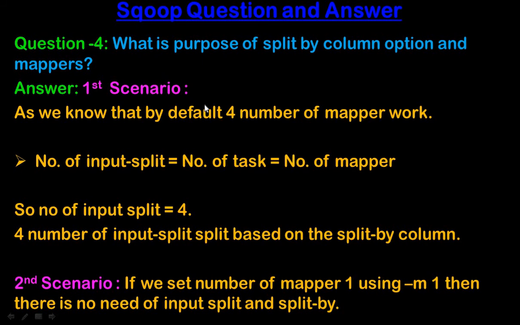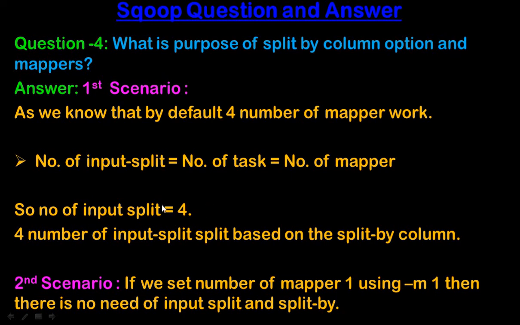Question 4 is what is the purpose of the split-by column option and mappers? So this is the first scenario. As we know, by default 4 mappers work. This is a universal rule that number of input splits is equal to number of tasks is equal to number of mappers. So here the number of input splits is equal to 4 because we defined the number of mappers as 4.